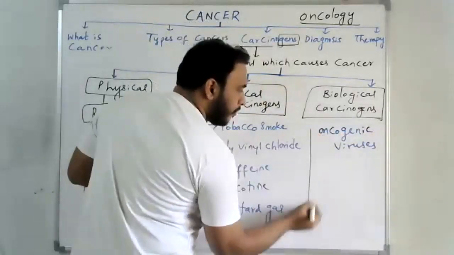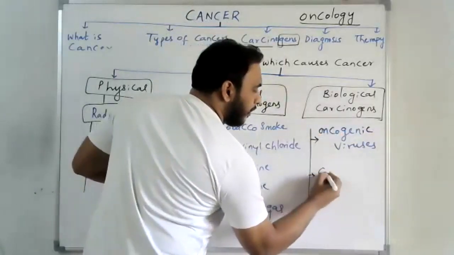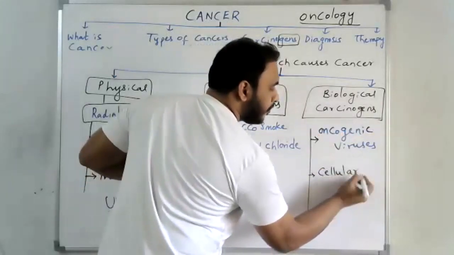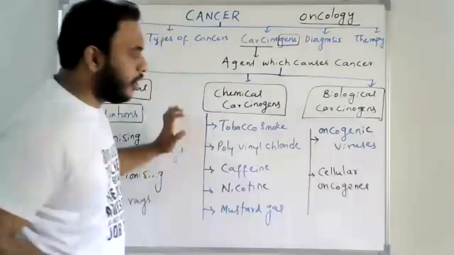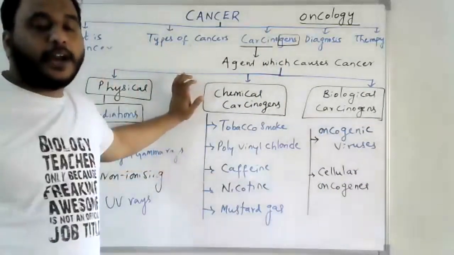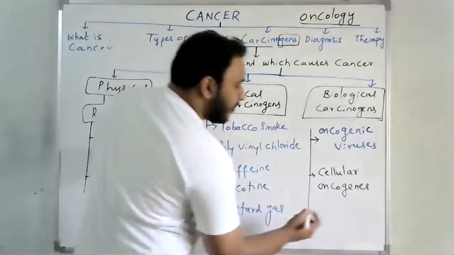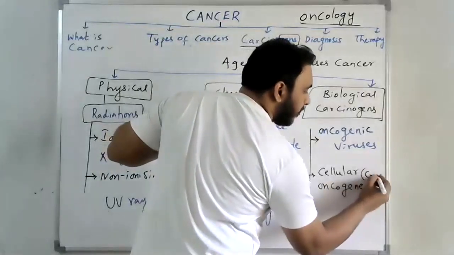Next, cellular oncogenes. The cellular oncogenes are also called C oncogenes.